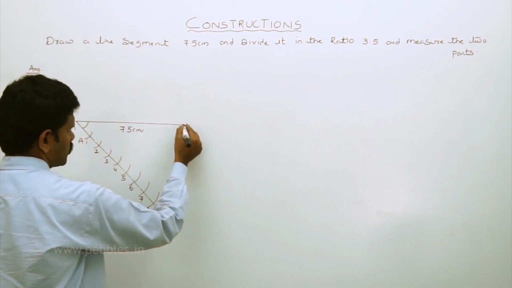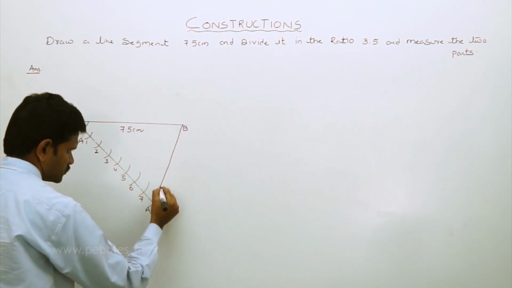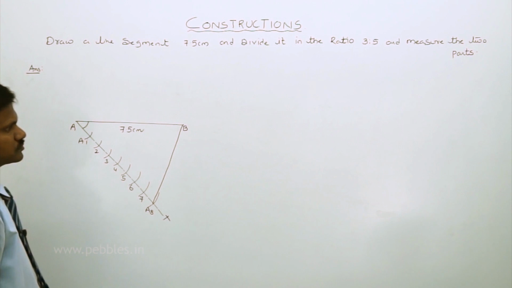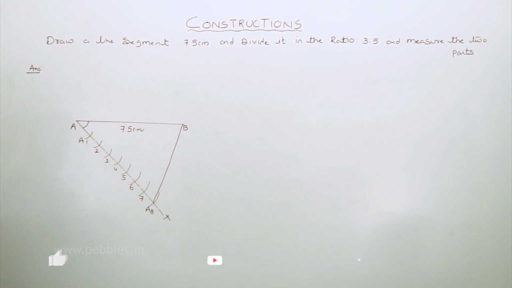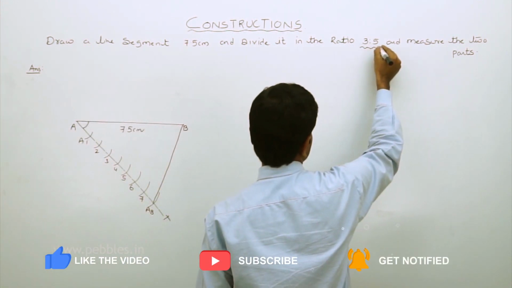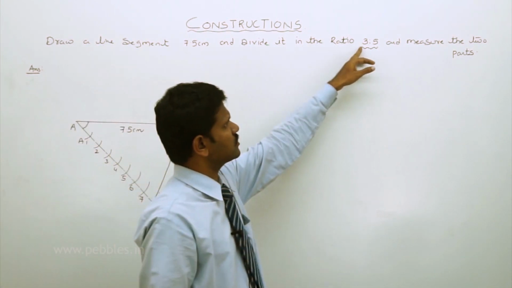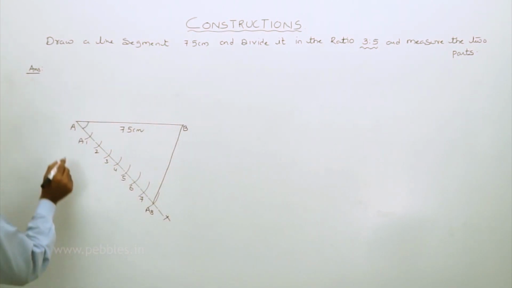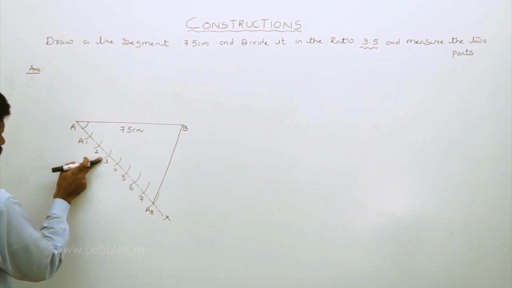Now join BA8. Now our ratio is 3:5. Now the first part is 3. From here count the distance. AA1, 1, 2, 3.